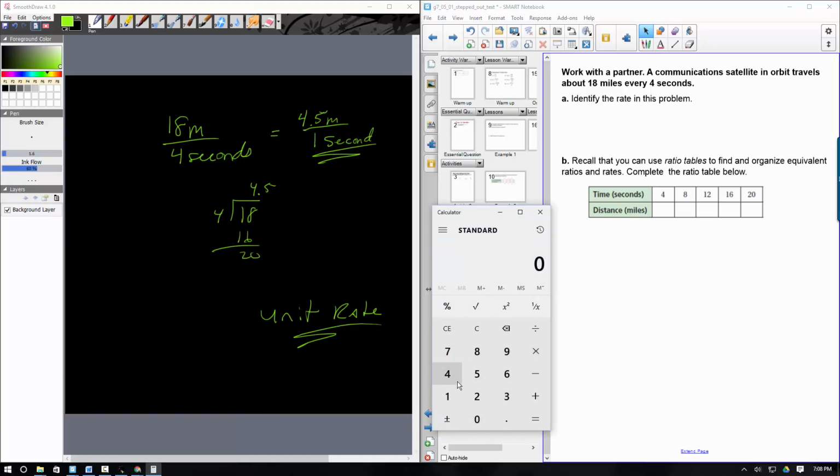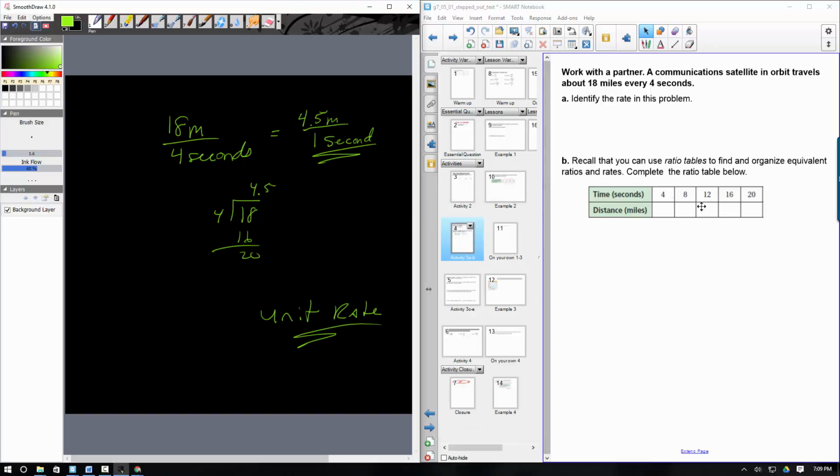So again, I'm doing 4.5 times 60. That makes more sense to me: 270. So I go 270 miles for every 1 minute, which is pretty interesting. And again, all that I did is I took my unit rate, which was 4.5 per second, and multiplied by 60. And that's how I get 270.